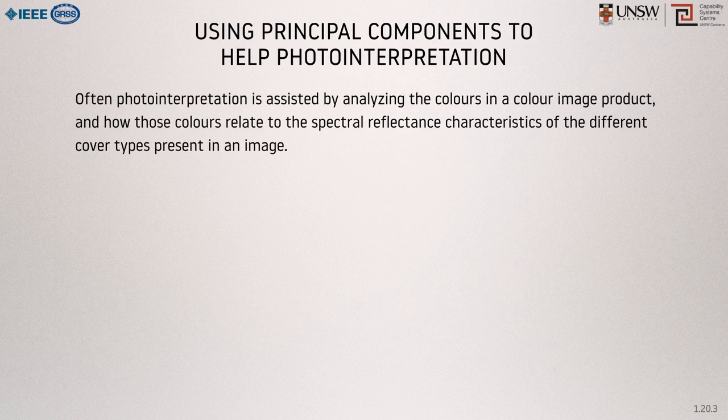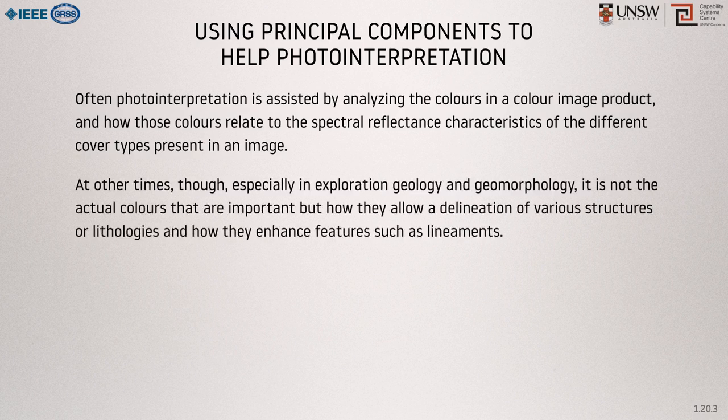Often in manual image interpretation, that is photo interpretation, we use the displayed colours and our knowledge of spectral reflectance curves to identify various regions on the Earth's surface, giving them labels corresponding to the cover types of interest. However, in some applications, the colours themselves are not so important as such, but rather they can be an aid to seeing spatial structure in an image.